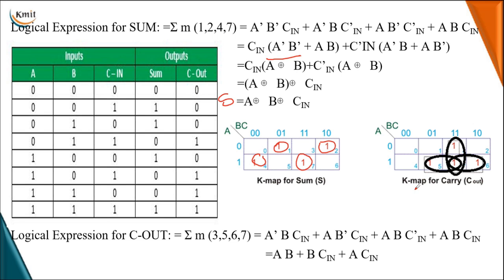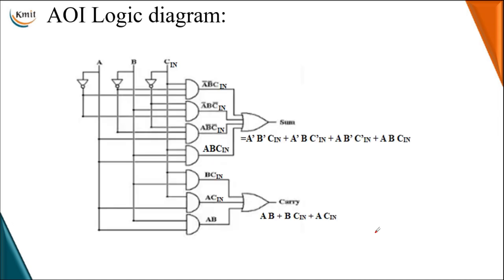The first pair has B Cin common, another pair has A and Cin common, and the third pair has A and B common. Upon adding all these product terms, we obtain the minimal expression of the carry output as AB or BCin or ACin for the full adder.